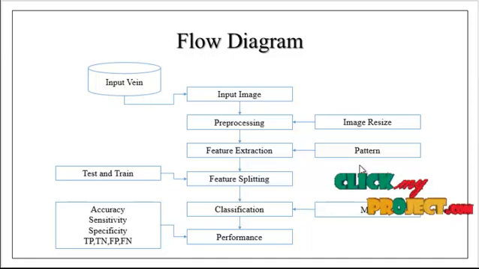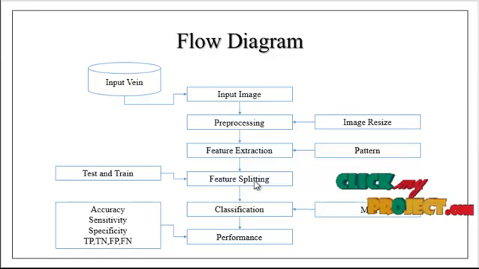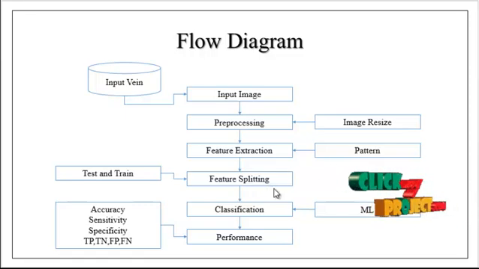After the feature extraction, the collected features are related to the test feature. Then the feature splitting will be carried out. In this feature splitting, there are two kinds of features: one based on the test features, and the other based on the train features. We are splitting the data into train and test separately.